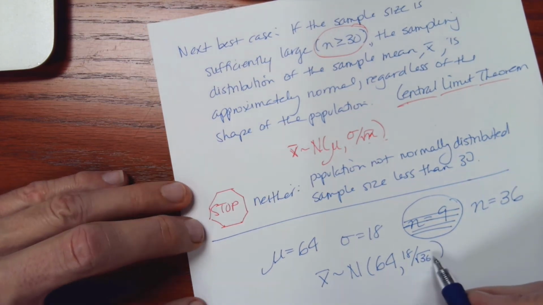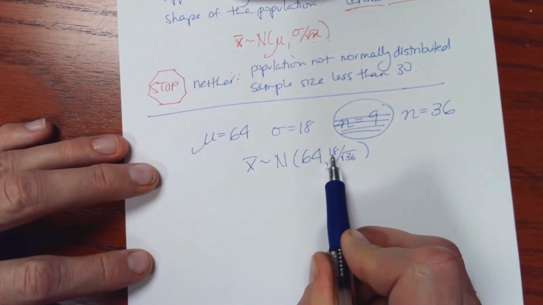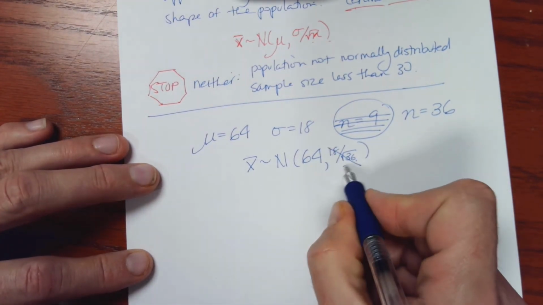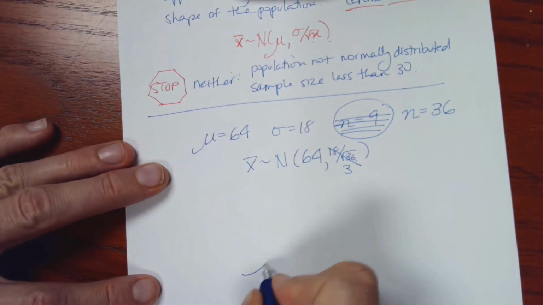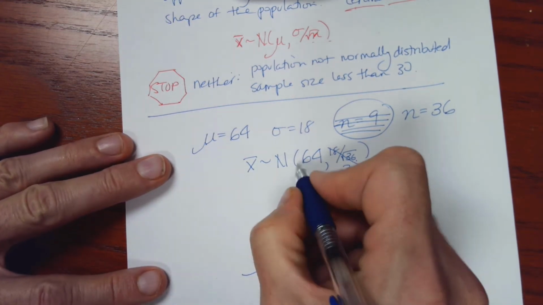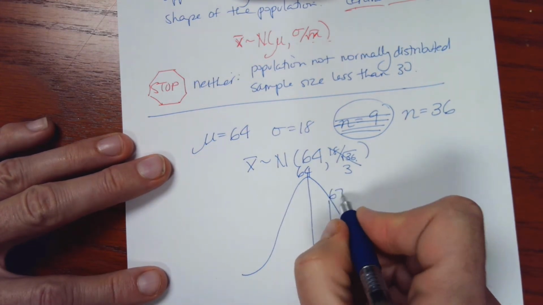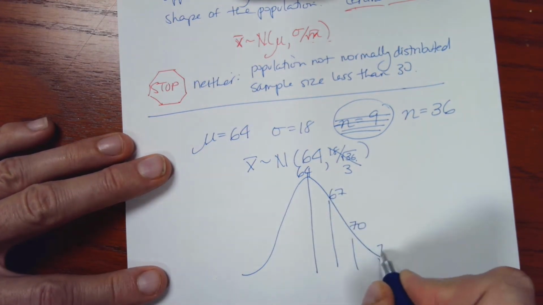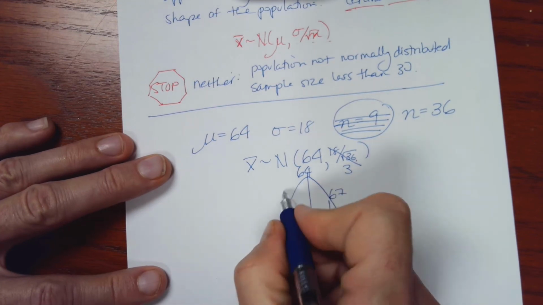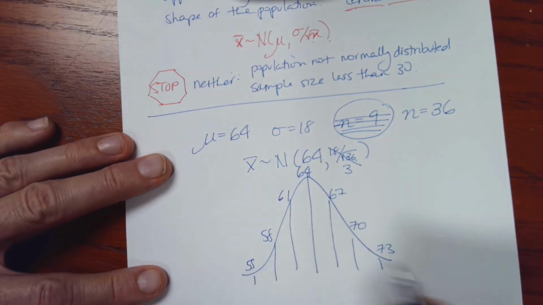I'm choosing numbers where it's easy to take the square root, so this would be 18 over 6, which reduces to 3. So I know that my sampling distribution looks like this. It's centered at 64, and this would be 67, 70, and 73, and this would be 61, 58, and 55.